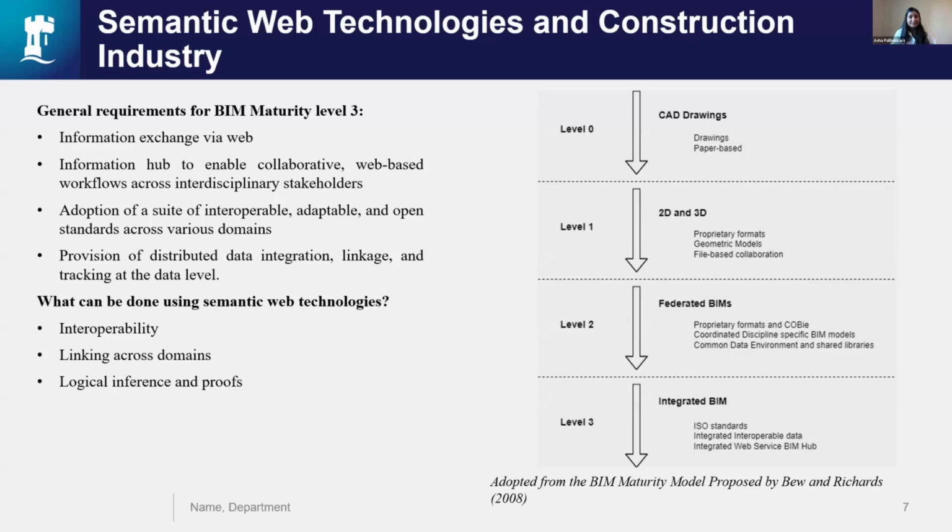Level 0 was the conventional practice back then, with 2D CAD and paper-based exchange of drawings and data. Level 1 comprised mainly 2D and maybe partially 3D models.